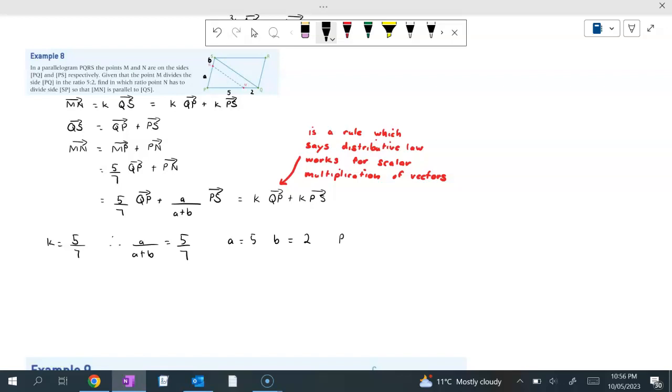So the ratio of Pn to Ns, well, they don't need to be the vectors, will be 5:2.